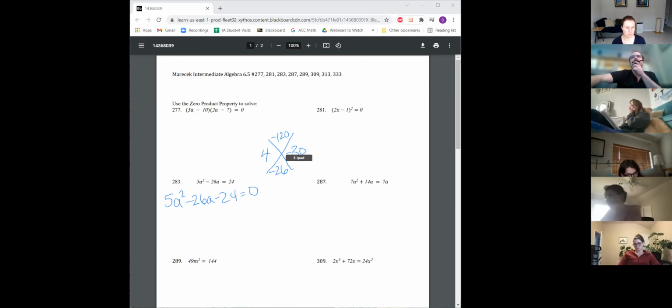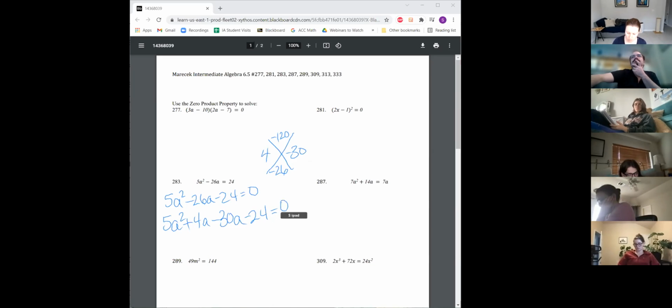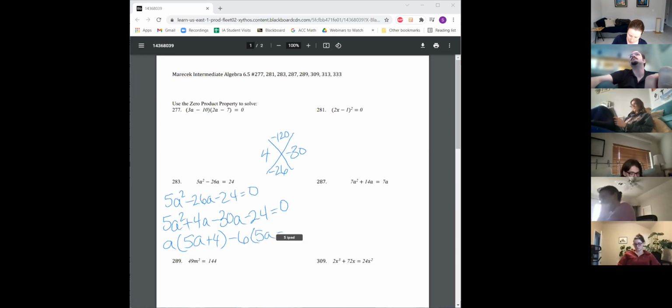So I got 5a squared plus 4a minus 38 minus 24 equals 0. Okay. And then I did the box method. So I got 5a plus 4 and then a minus 6 equals 0.